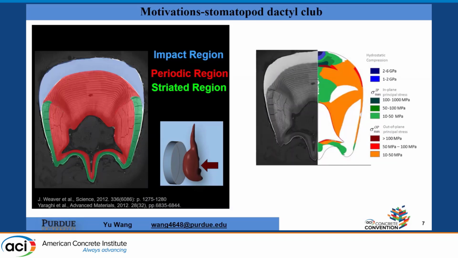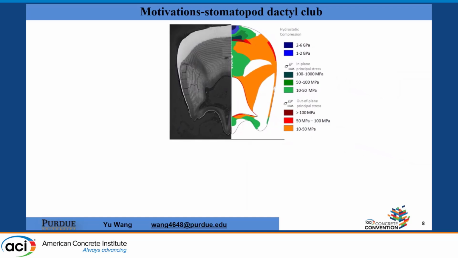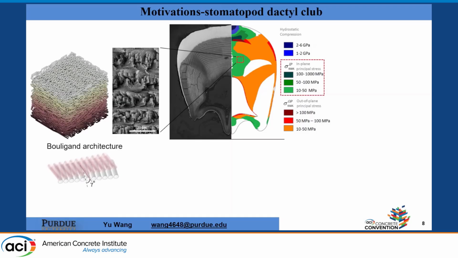A long time ago, a group of researchers ran a simulation of the strike behavior of the mantis shrimp dactyl club. They got a stress distribution contour, and if we correlate it with the different regions of the microstructure, we can see in the green region, where there is principal stress, it's a Bouligand architecture, which is layer by layer, but twisted between each layer.